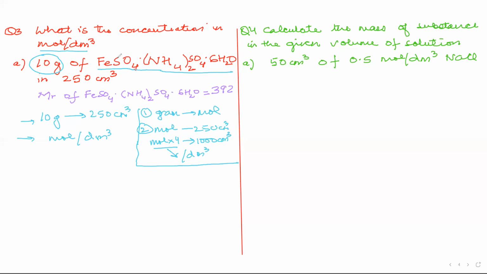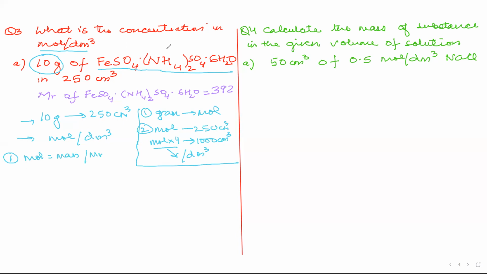The first thing, very importantly, is how we are going to convert the mass into the moles. For the first step, we'll be using the formula that's basically moles equal to mass in grams divided by Mr. So the first step is very, very important.